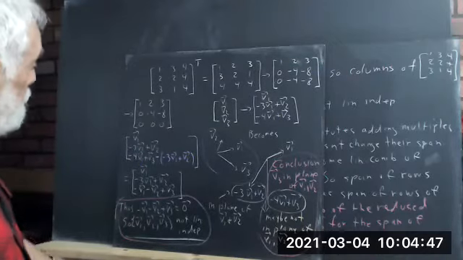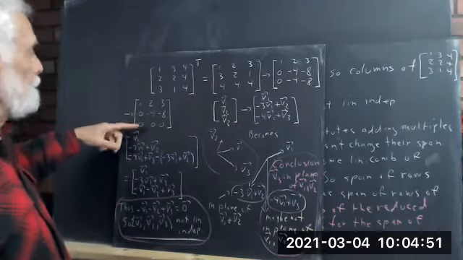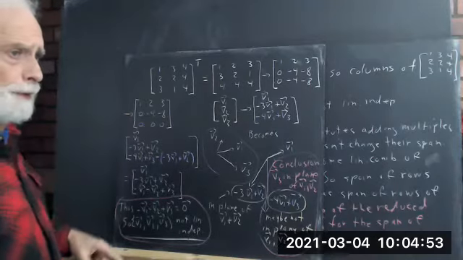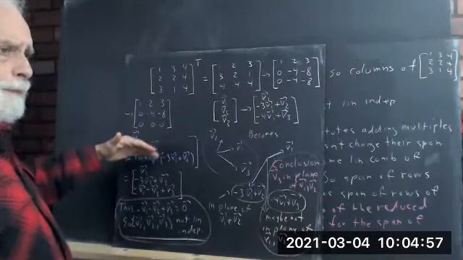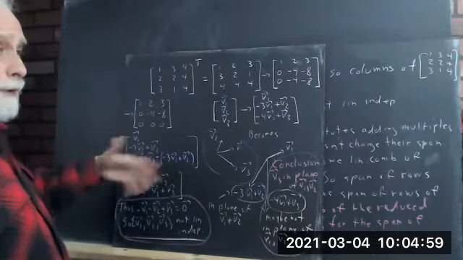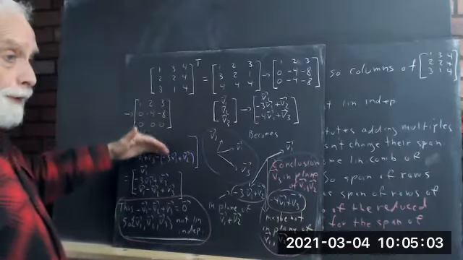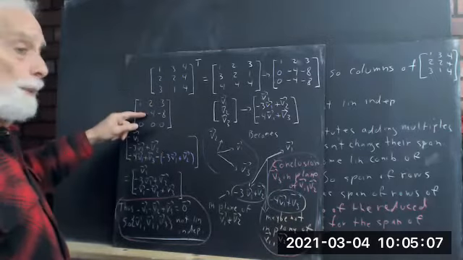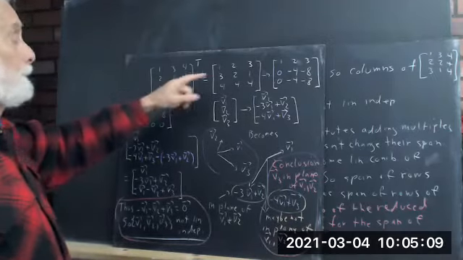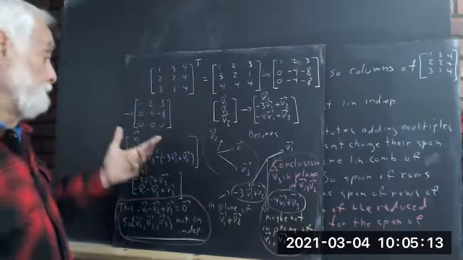Okay, and as soon as we get a row of zeros, or get this thing in echelon form, we're going to maybe have some rows of zeros, maybe not. Whatever we end up with, as soon as this thing is completely down into echelon form, we have a basis for the space spanned by the three vectors.